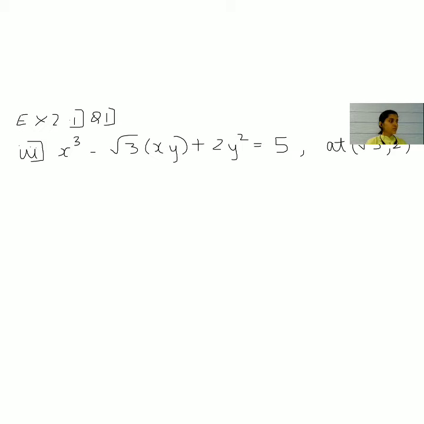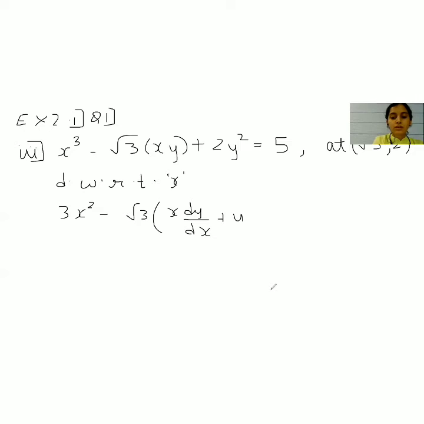So the first step is to find the derivative of the given equation. Let us differentiate with respect to x. So we have 3x square minus root 3 into x dy by dx plus y into 1, plus 4y dy by dx equal to 0.